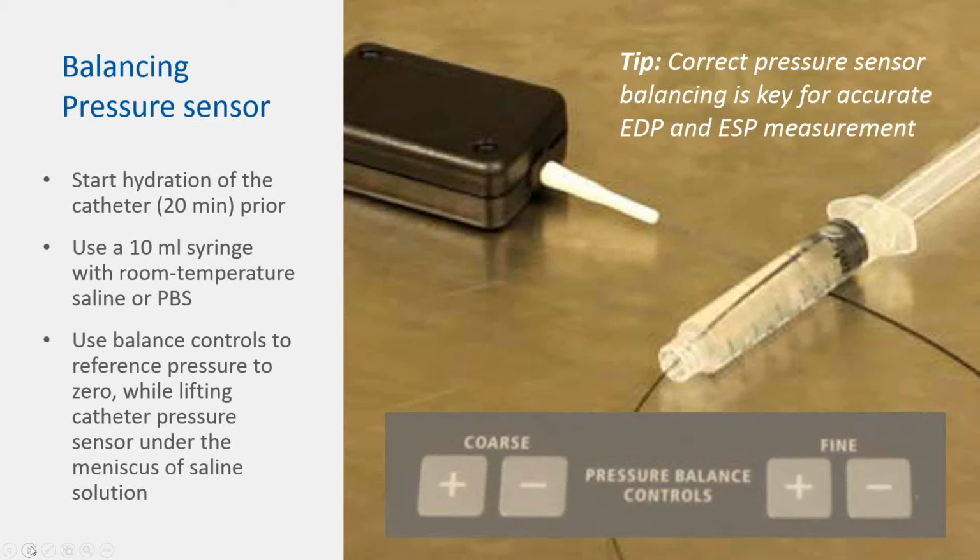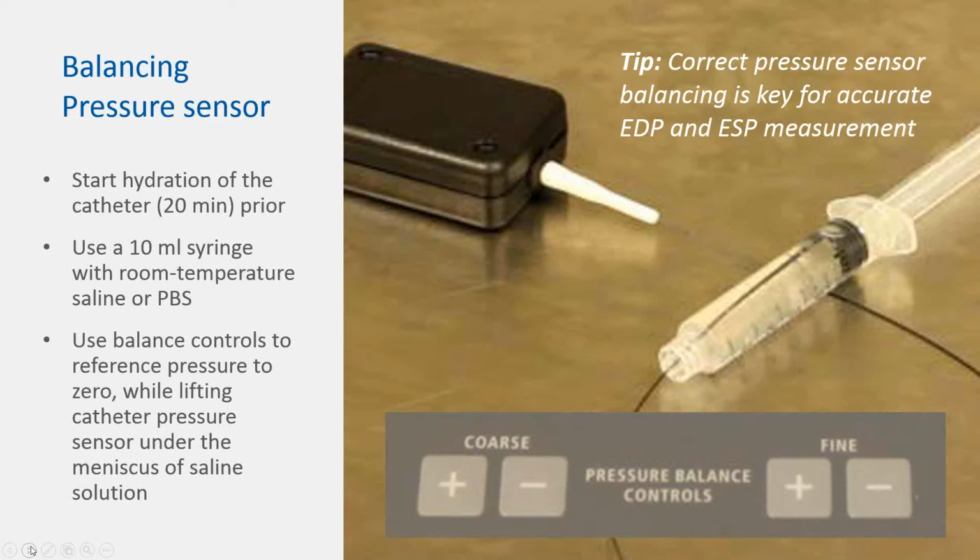An often misunderstood or not performed part of studies is the hydrating and balancing of the pressure sensor prior to using it. For best results and minimal drift during the experiment, it's a good idea to start hydration of a catheter at least 20 minutes, I would say, prior to the experiment, and it should be plugged into the system.